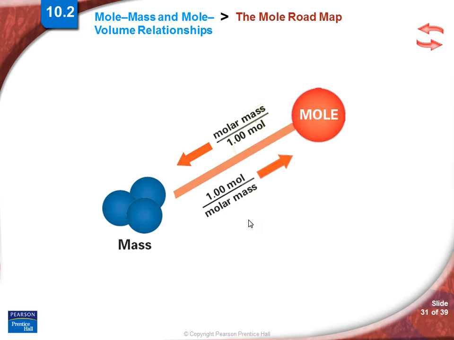On one side was mass, and the other side was count. You're going from moles to count. What did you do? You multiply by Avogadro's number. Going the other direction, you divide. You're going from moles to mass. What do you do? Multiply by molar mass. Going the other direction, you divide by molar mass.